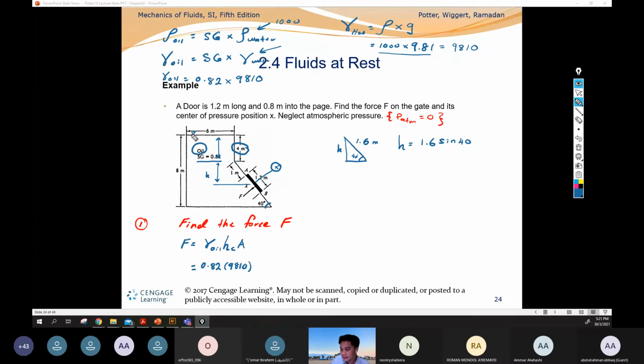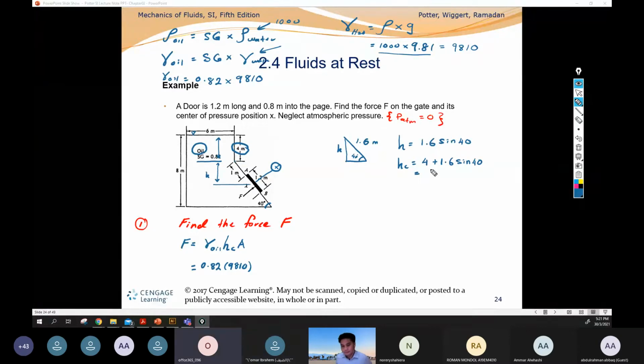Can you see? It is at the surface of the water. So HC is equal to 4 plus 1.6 sine 40.